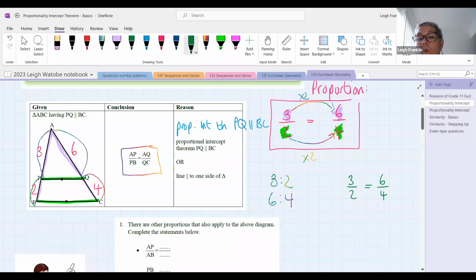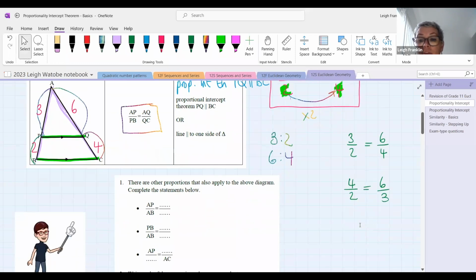What happens if I change 4 and 3 around? If I say 4 over 2 is 6 over 3, is that still a true statement? Is 4 over 2 the same as 6 over 3? Yes, it is.